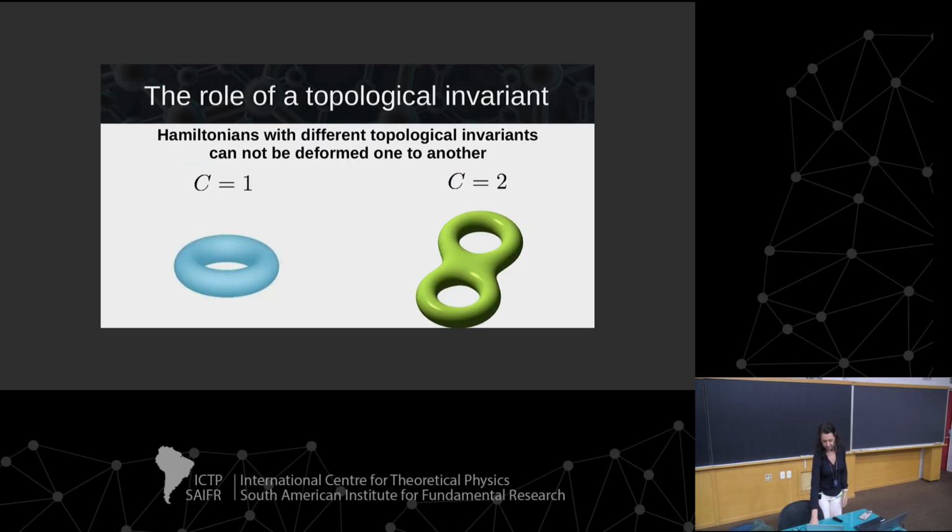And the idea is that Hamiltonians can be described by some parameter that I'm calling C, that shows if one can be deformed into the other. Here, C is the number of holes. One hole is 1, two holes is 2.